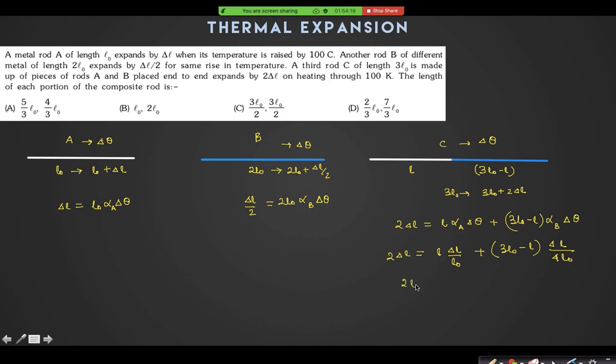Can I say 2L naught is equal to L plus 3L naught by 4 minus L by 4? Yes, sir. So 5L naught by 4 is equal to 3L by 4. So L is equal to 5L naught by 3. And another will be 4L naught by 3. So option A is correct answer.